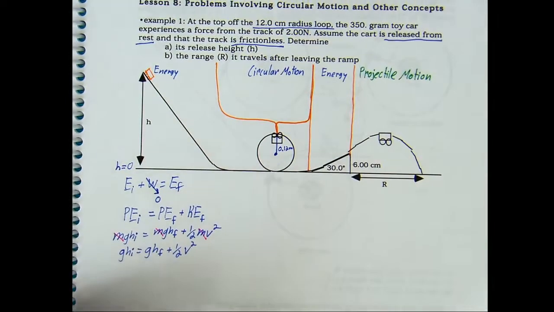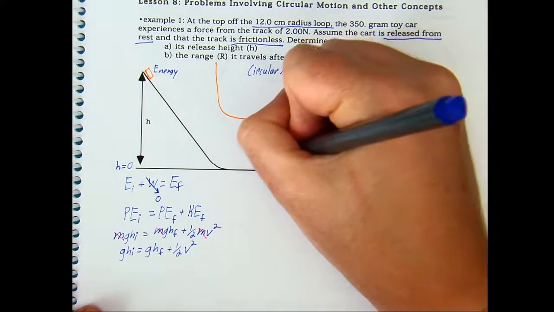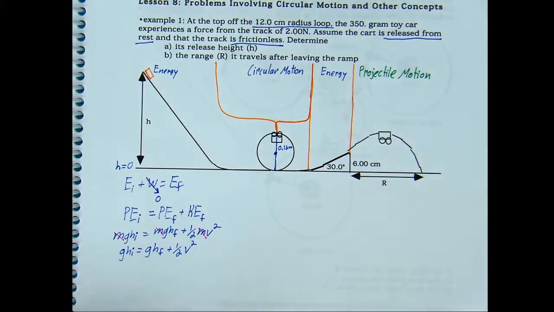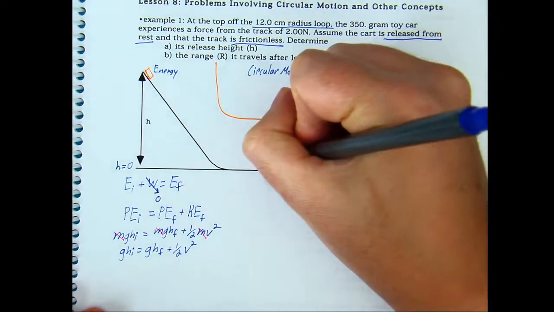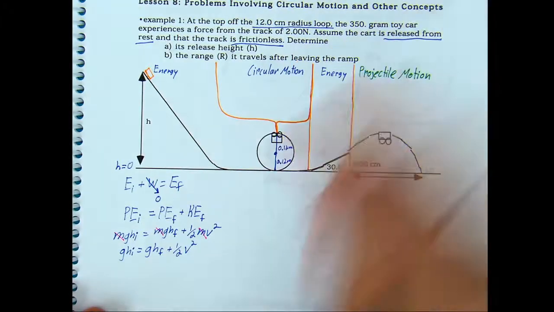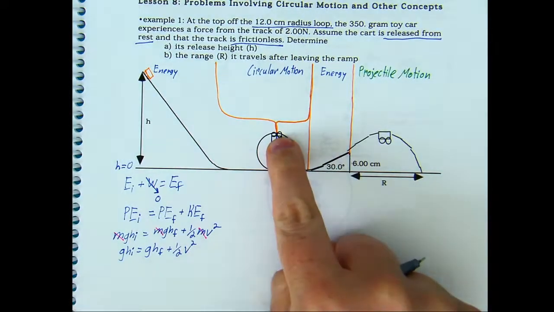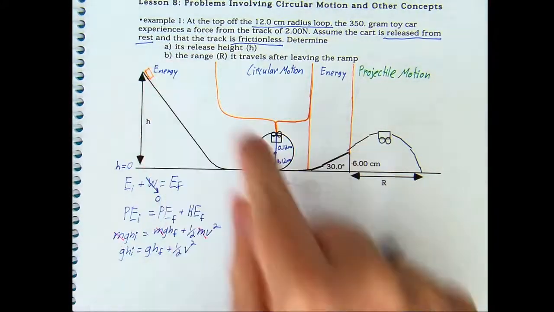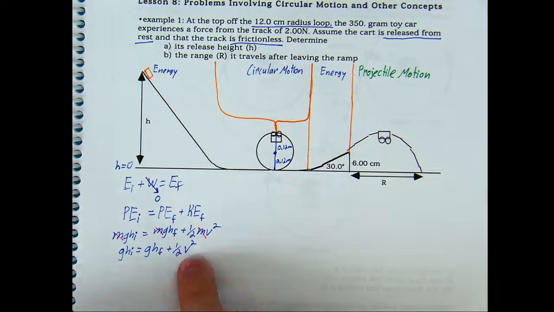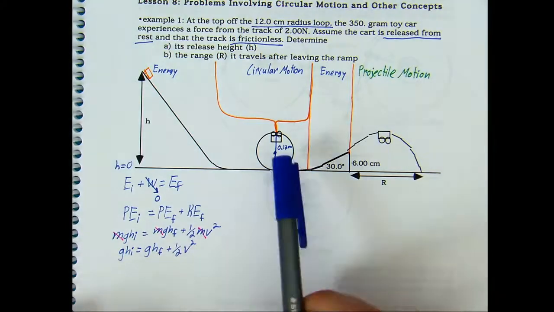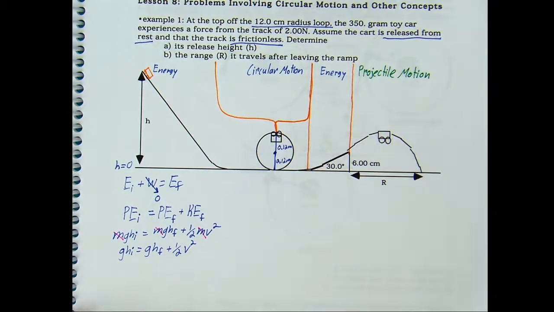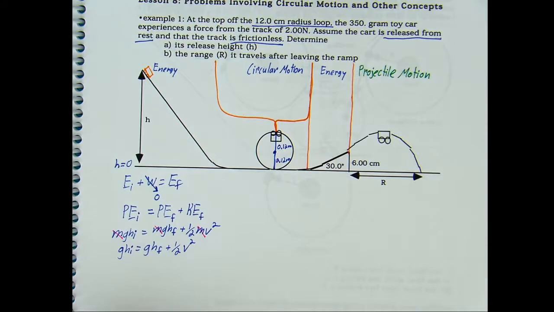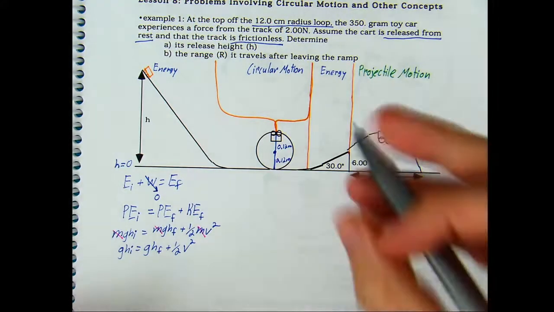Well, that also means the distance from here to here is 0.12 meters. So this is actually going to give us the final height of our object. So if you've got everything except for v squared, we have or we're looking for the initial height, we've got the final height, we need v squared here. We need to know how fast this object is going around that circle. And well, for that, we use circular motion.